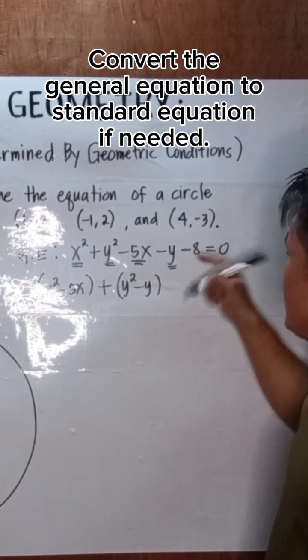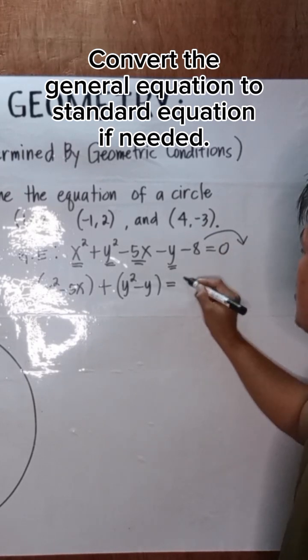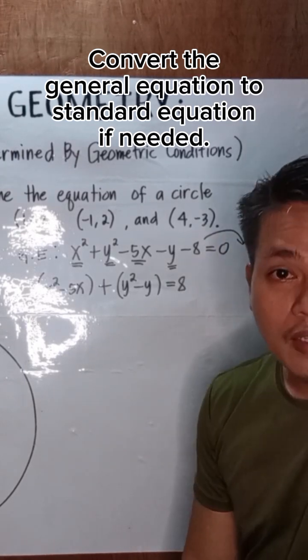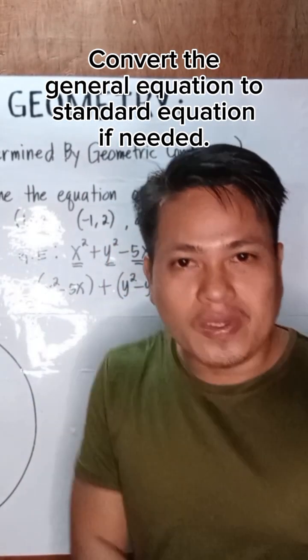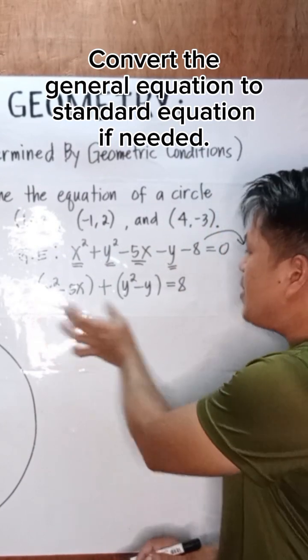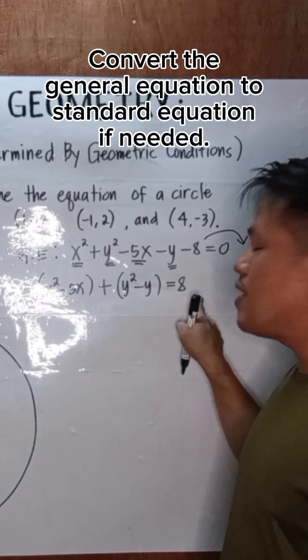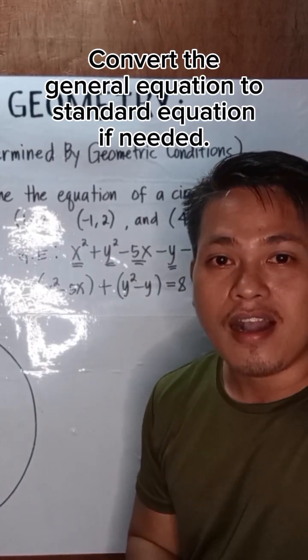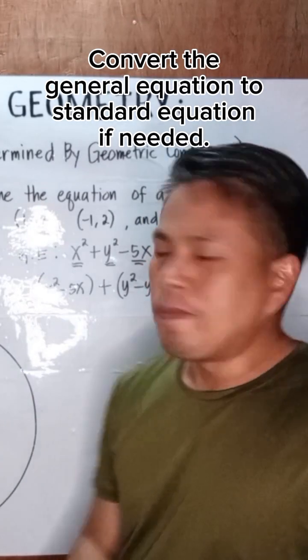And then, yung negative 8, itatranspose natin sa kabila, magiging positive 8. Ayan. Ang sunod naman ay magko-completing the square na tayo. Kailangan magkaroon tayo ng third term dito, at saka third term dito. Then, yung dalawang third terms na yun, i-add din natin sa kanang bahagi ng equation. So, ganito muna yung kanyang magiging format.